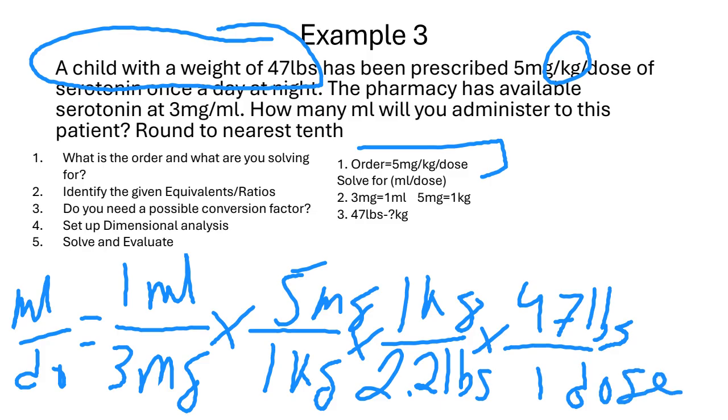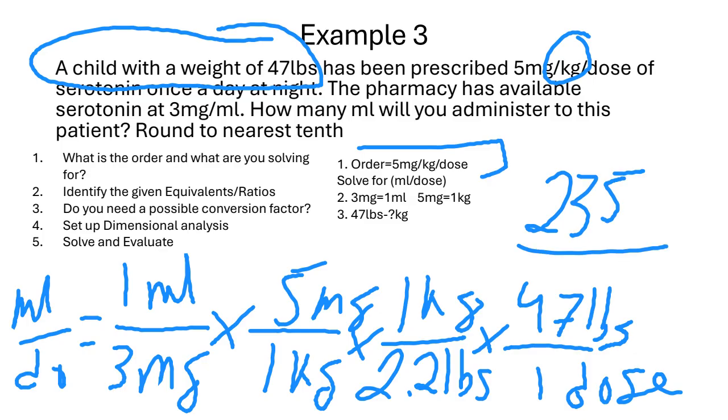So now we have everything set up. We can multiply across and divide by the bottom and start getting rid of our units that we don't need. So 1 times 5, that will give you the 5. And then 5 times 1 will give you still 5. Then you do the 5 times 47, using the 47 pounds. So on top, you will end up with 235.